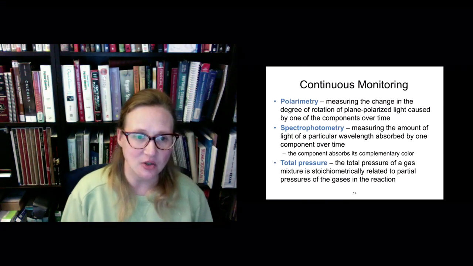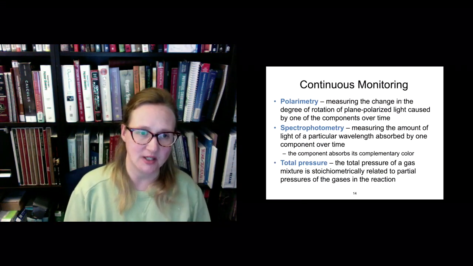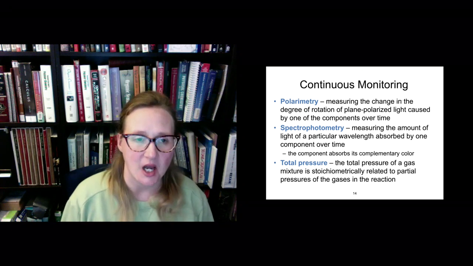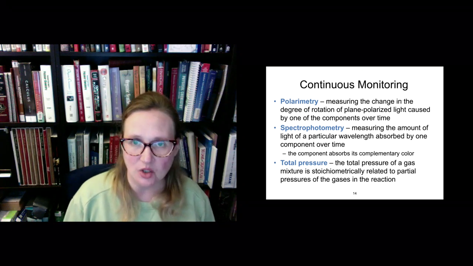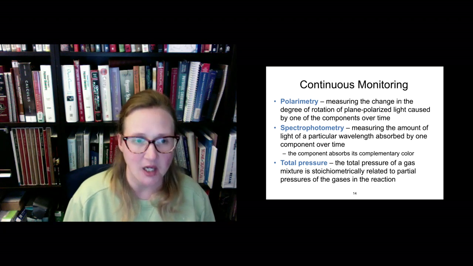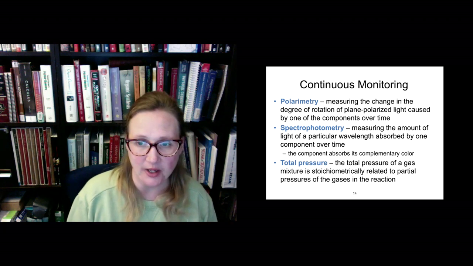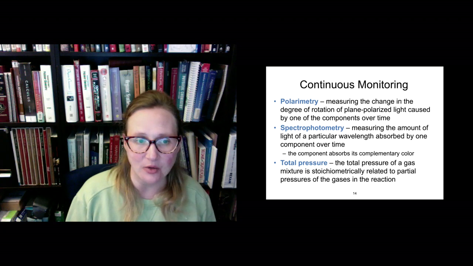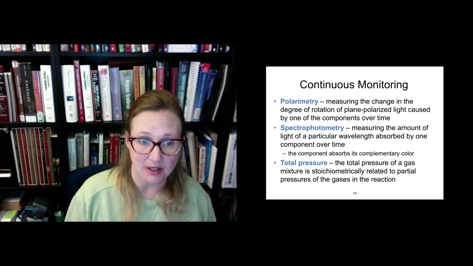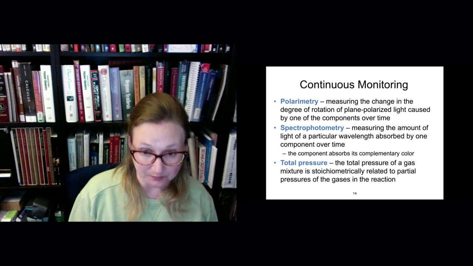All right, so for continuous monitoring, I want to focus here on spectrophotometry. There are lots of different ways to measure concentrations. Probably the most popular way is to measure by spectrophotometry, and that's going to measure the amount of light at a particular wavelength that's absorbed by the sample.